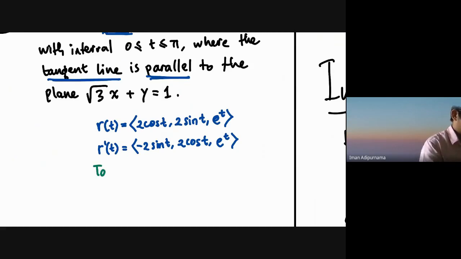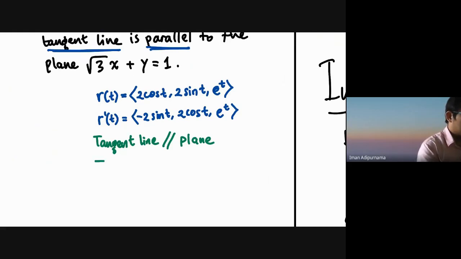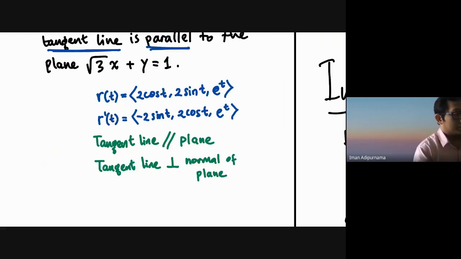So the tangent line is parallel to the plane. From here, we can also say that the tangent line is orthogonal to the normal of the plane, to make it simple.